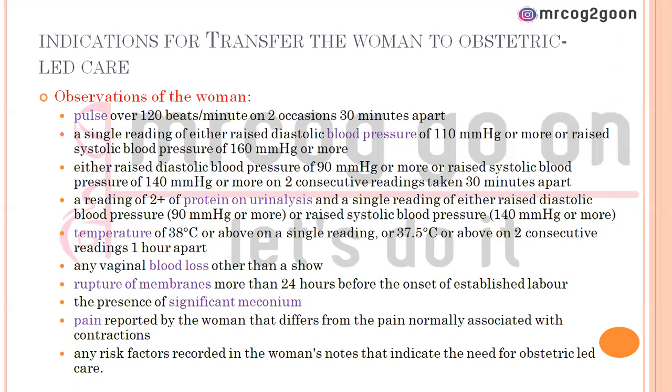So a single reading of severe hypertension, or 2 readings of moderate hypertension.